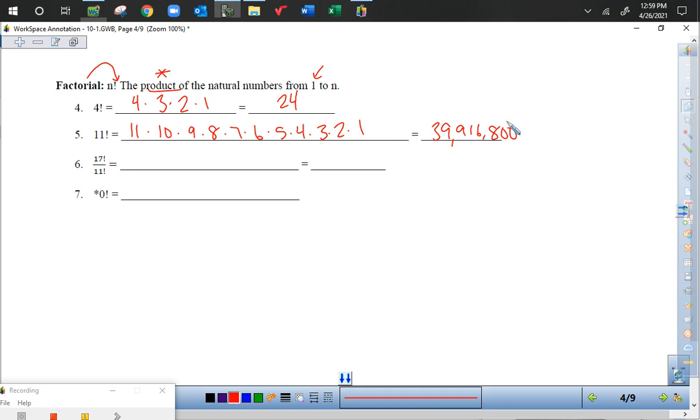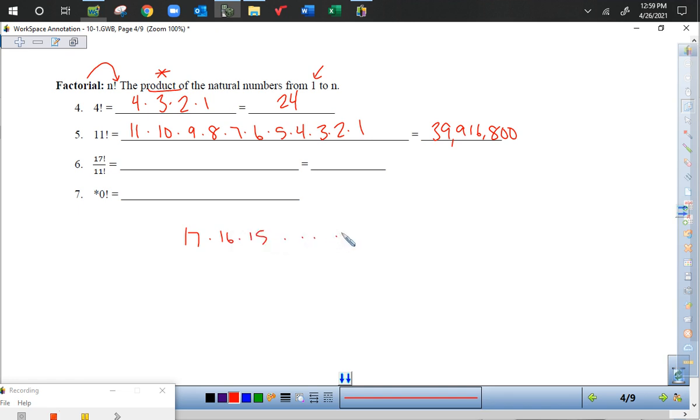Okay, I want to talk about 6 because it's special and it's going to tie into what we'll talk about next. With number 6, we've got a 17 factorial on the top and 11 factorial on the bottom. I want to talk about how we can express factorials in a lot of different ways. Okay, so don't write anything yet, just bear with me for a second. 17 factorial, we know, is 17 times 16 times 15 and so on.